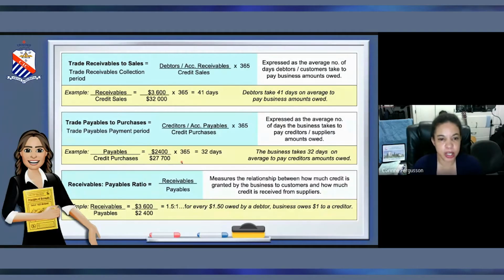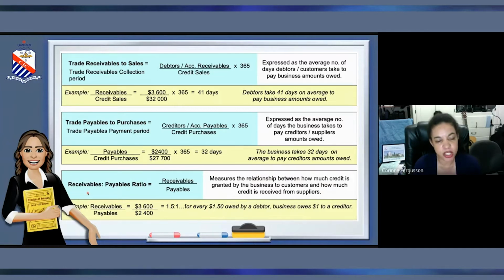So in your workbook, you would see three ratios. The first is your trade receivables to sales. Remember, trade receivables is the same as debtors and accounts receivables. We will learn the formula for this ratio. Then we have the second one, your trade payables to purchases, which would be your creditors, also known as your accounts payables, over your purchases.